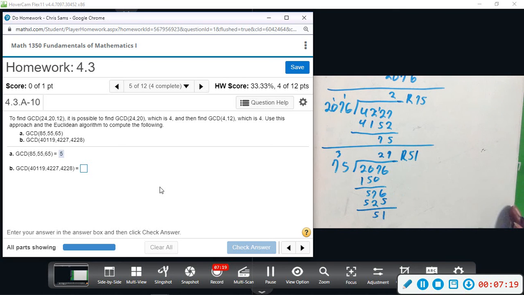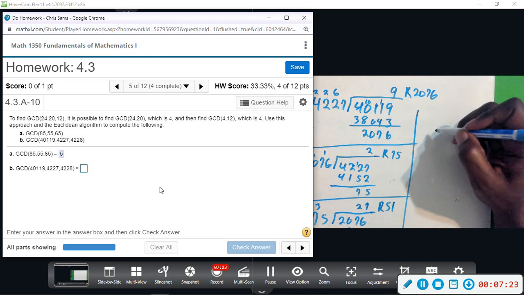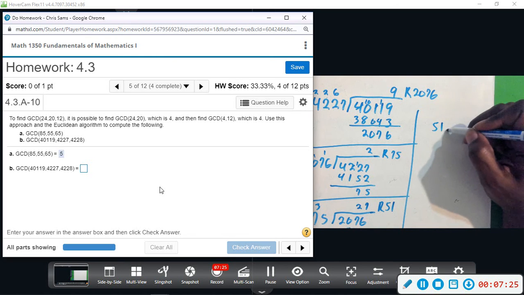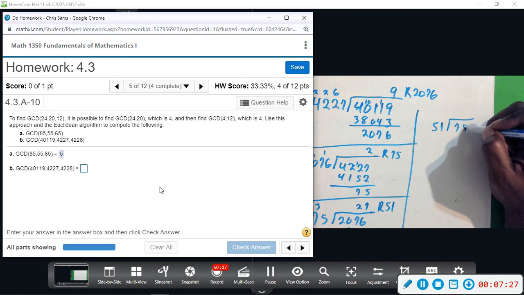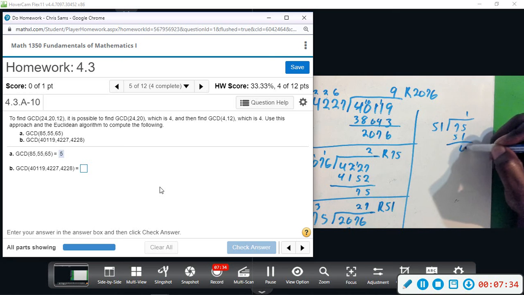Okay, so we're going to use 51 to 75 now. 51 goes into 75 once. We get 24. Remainder of 24.